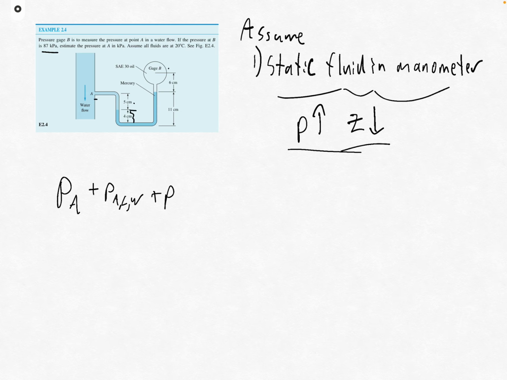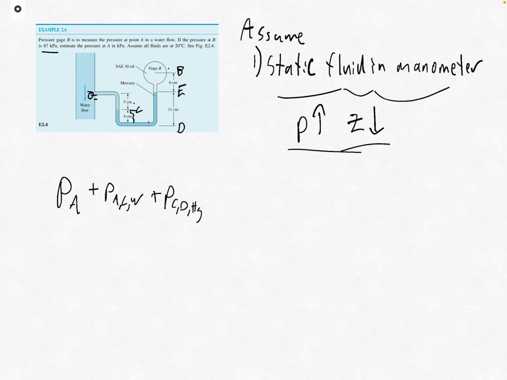I'm going to label this point here as point C, this point here as point D, and this point here as point E. This is given as B, and this first point here is A. So the pressure at A plus the pressure from A to C in water, moving down through that section, plus the pressure from C to D, and that's within this fluid of mercury.